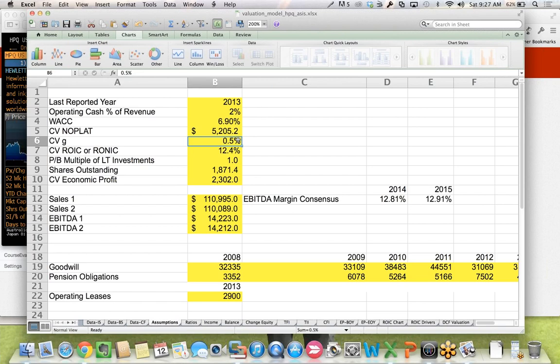And can the CVG be negative? It could. I mean, generally for most big companies, unless they're in declining industries, we probably don't want to make them negative, but technically it could be negative. So we could have easily made this negative 1%.